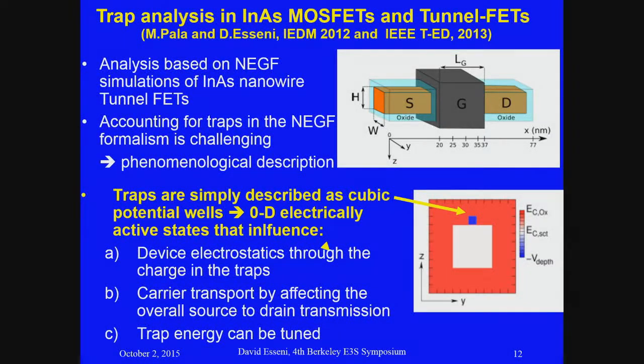So, of course, this density of states here can be charged, and so you have an effect on the electrostatics. It can contribute to the transport. And incidentally, by changing the parameters that describe this quantum well here, we could actually play a little bit with the energy of the trap in the gap.